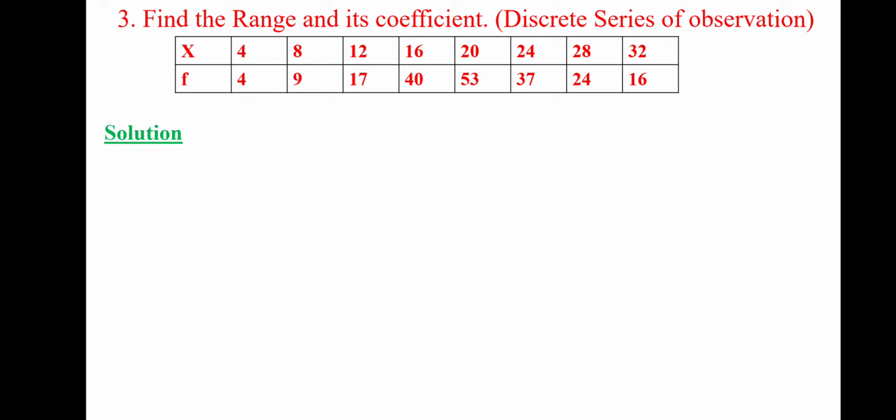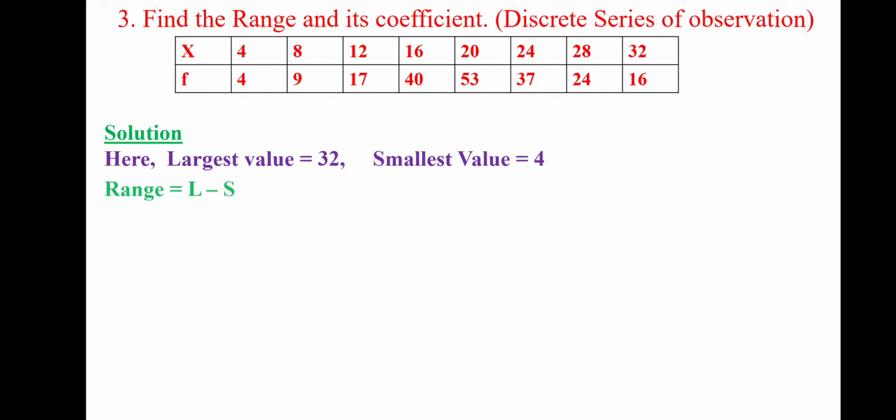We need to find the maximum value and the minimum value. The largest value of x is 32, the smallest value of x is 4. So write the formula, range equals L minus S, 32 minus 4, then we get 28. The value of range is 28.